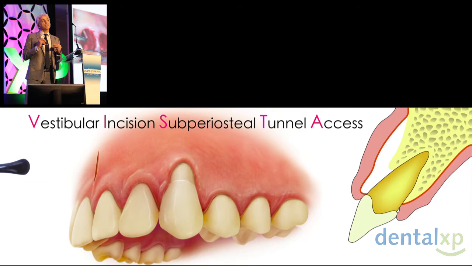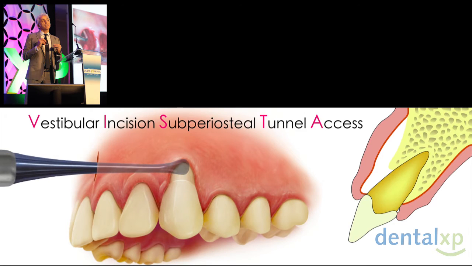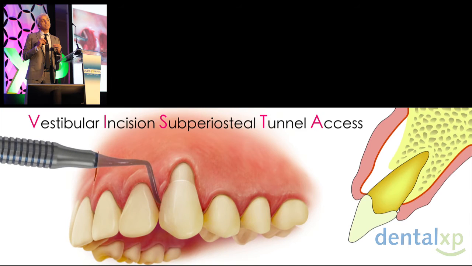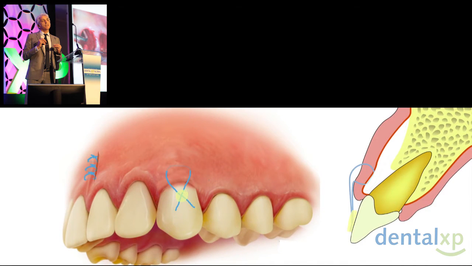It's a much simpler way of accessing the same areas without traumatizing the gingival margin. So the subperiosteal tunnel is elevated, and the interproximal areas are similarly elevated from the underlying bone as far as we can access with these specially designed elevators.